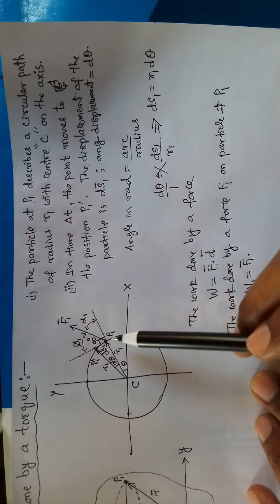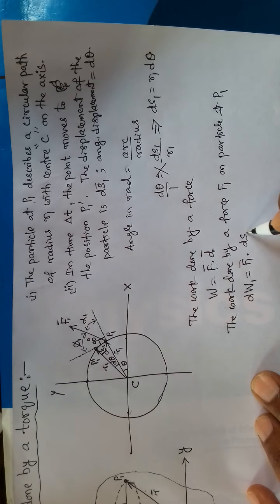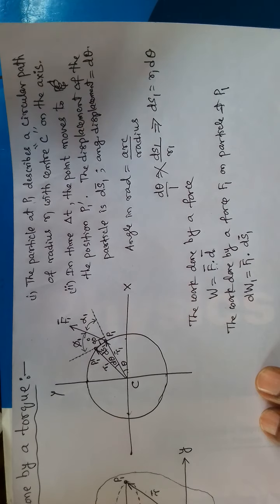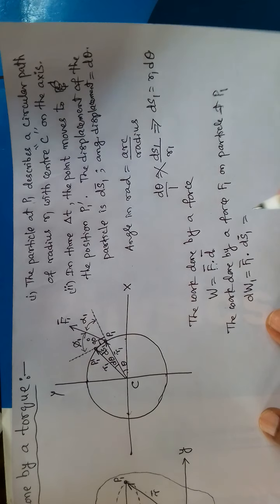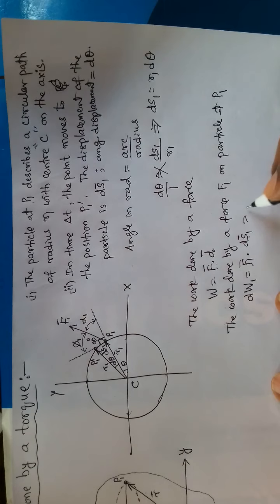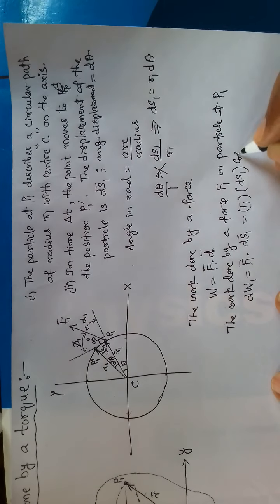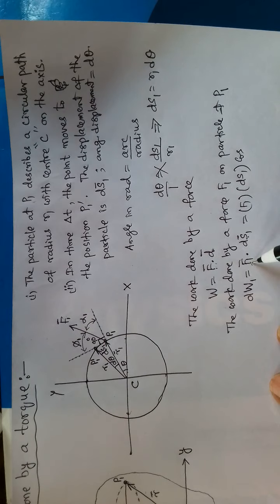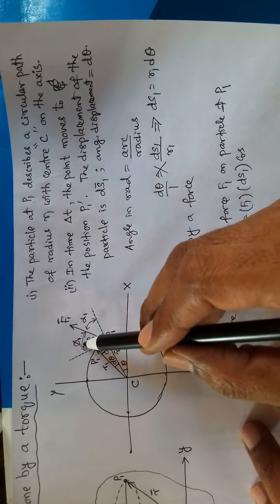Here in dt time it has undergone ds1 displacement. So here this is equal to, see, a dot b gives ab cos theta. Similarly F1 dot ds1 gives F1 ds1 cos of the angle between F1 and ds1, which is phi 1.